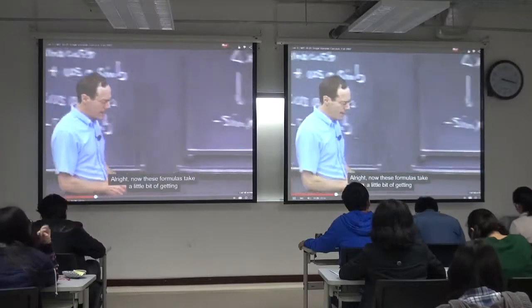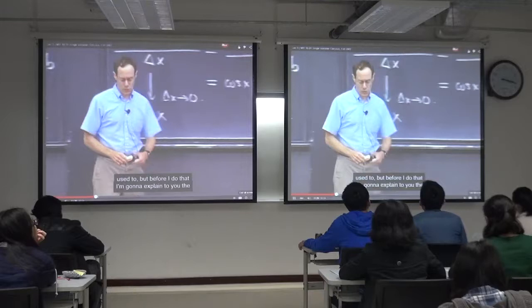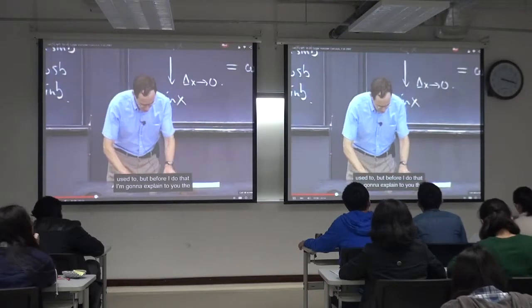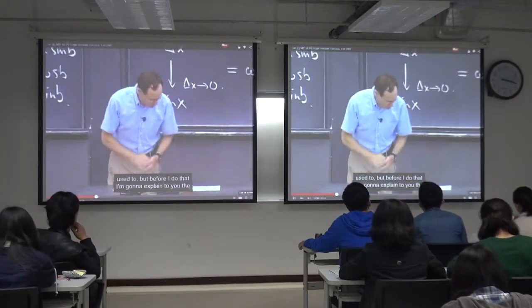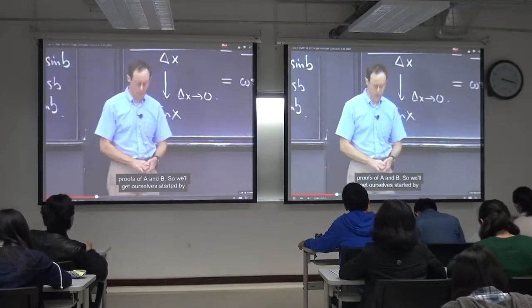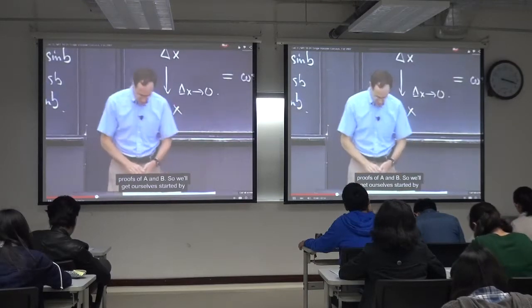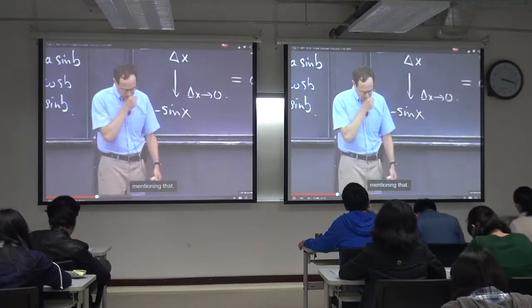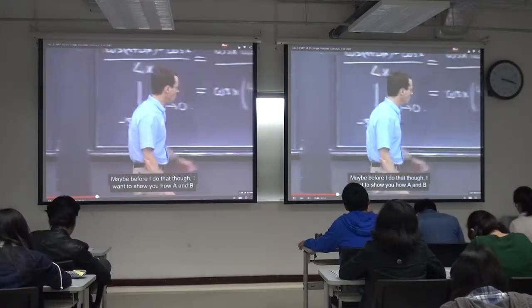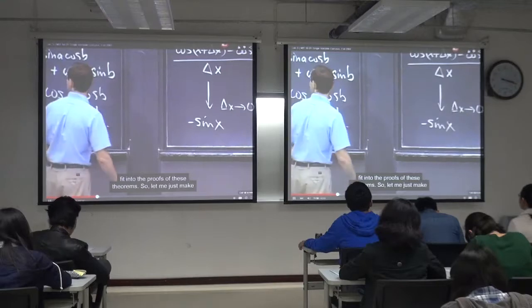All right. Now, these formulas take a little bit of getting used to, but before I do that, I'm going to explain to you the proofs of A and B. All right, so we'll get ourselves started by mentioning that. Now, maybe before I do that, though, I want to show you how A and B fit into the proofs of these theorems.